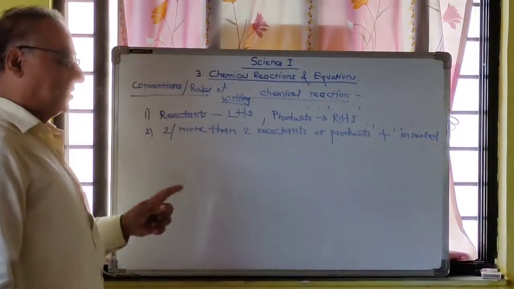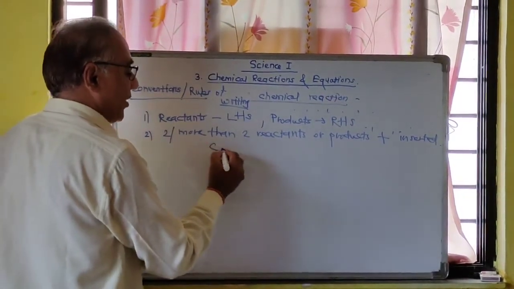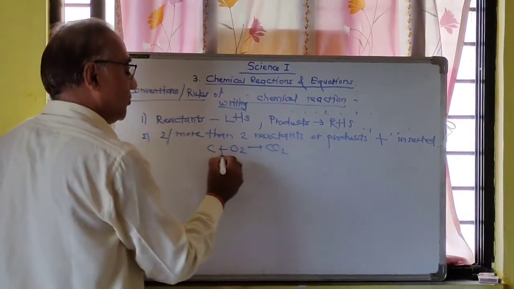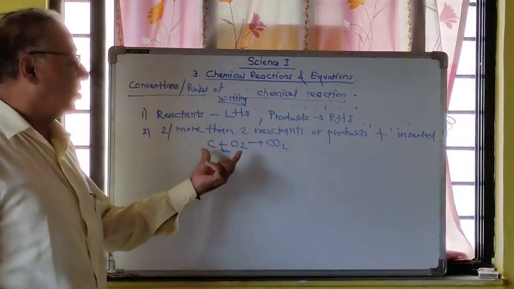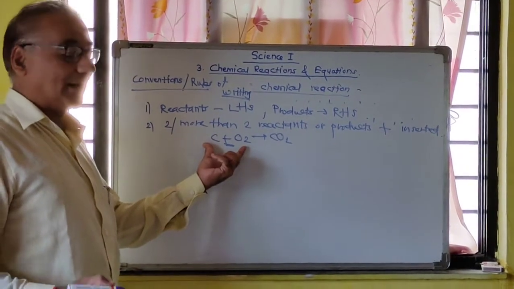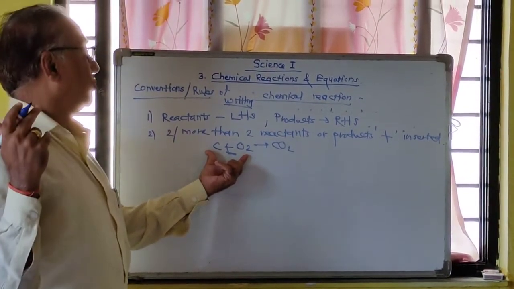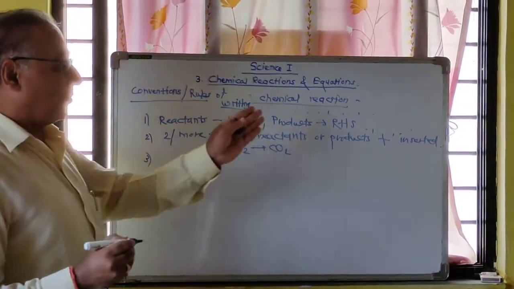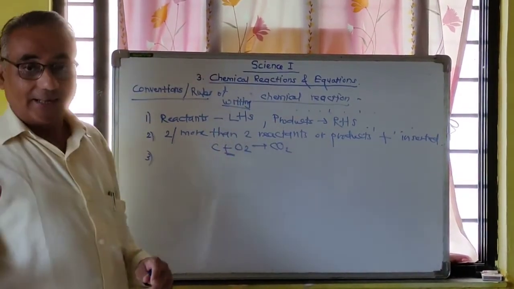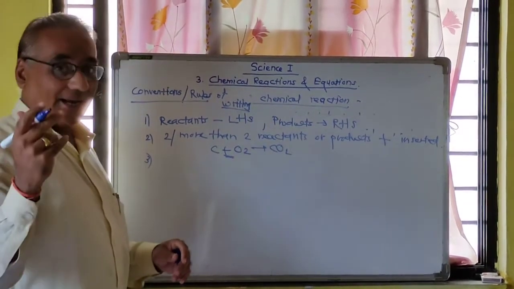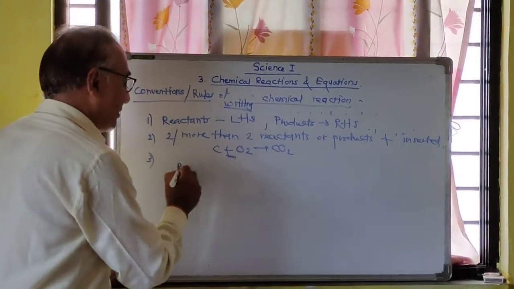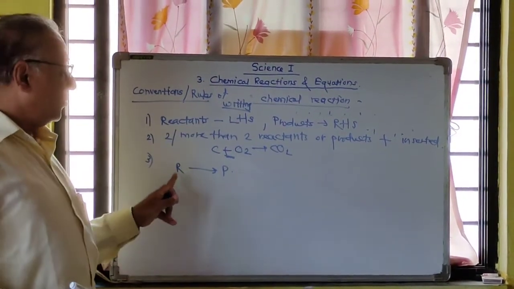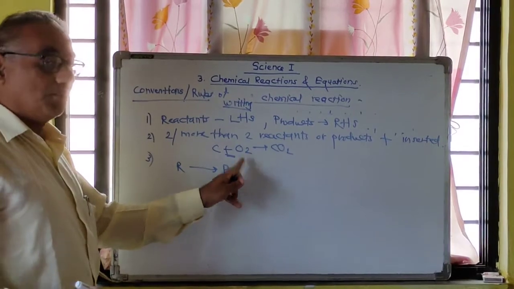Now in this equation we find that when carbon reacts with oxygen, there is formation of CO2. Here the plus sign is inserted because on the reactant side there are more than 2 reactants. Right? Third one, when there is formation of product, you have to indicate an arrow from reactant to product side.